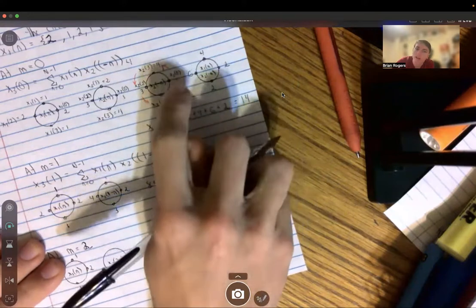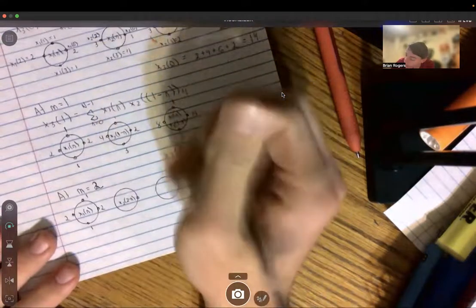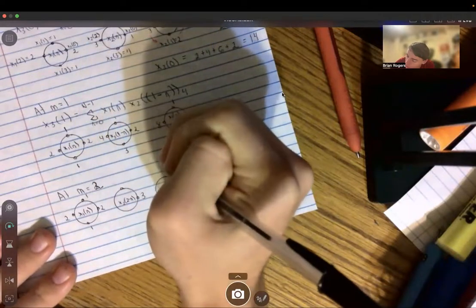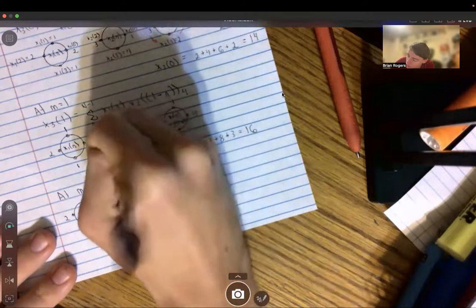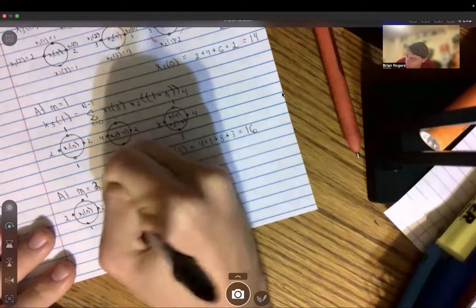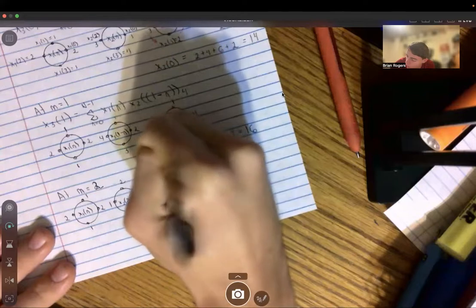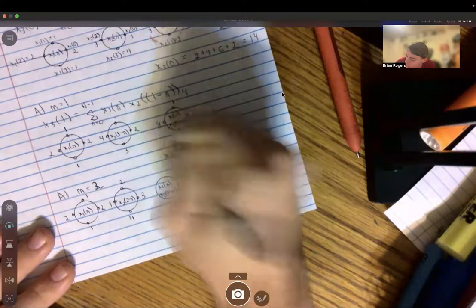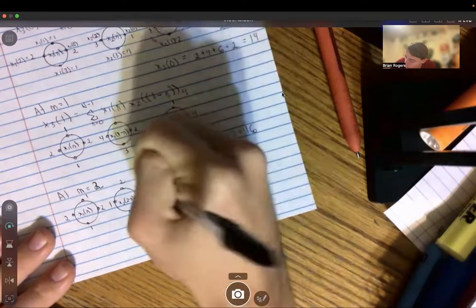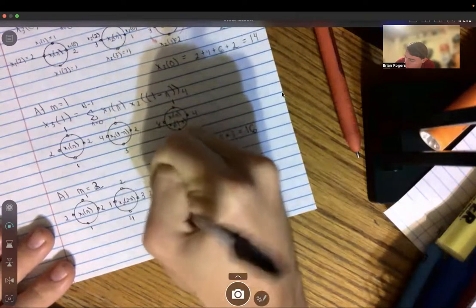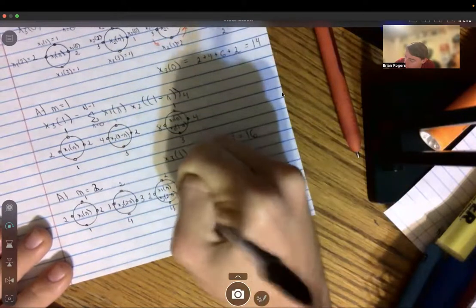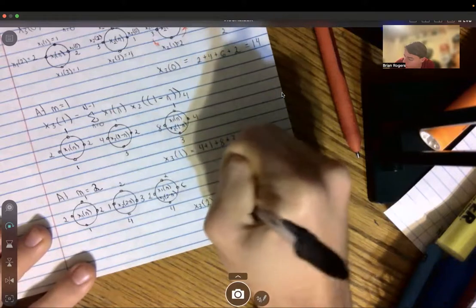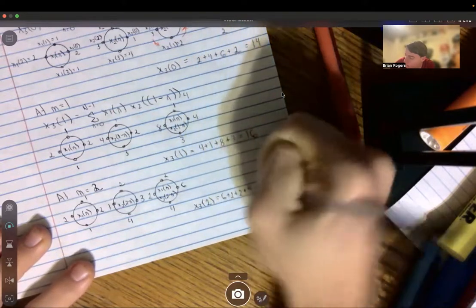You shift twice, so it's going to be 3, 2, 1, 4. Then your x1 of n times x2 of 2 minus n is going to be 6, 2, 2, and 4. Add them all together and you get x3 of 2, which is 6 plus 2 plus 2 plus 4. It's going to be 14.